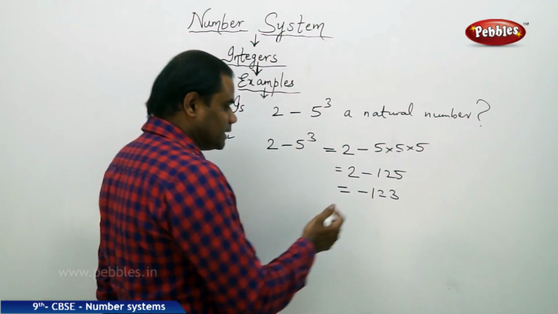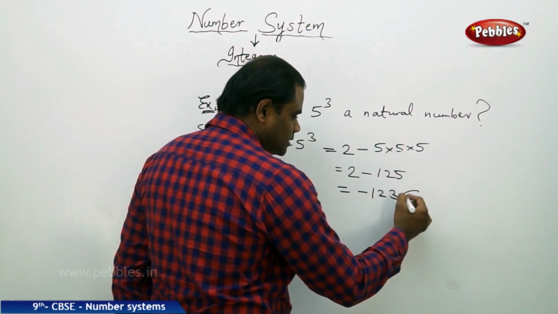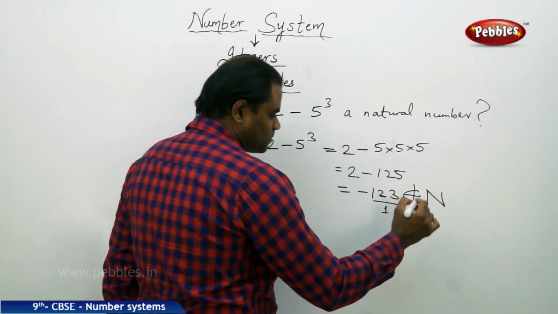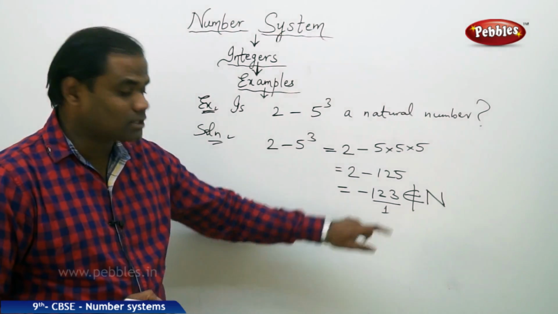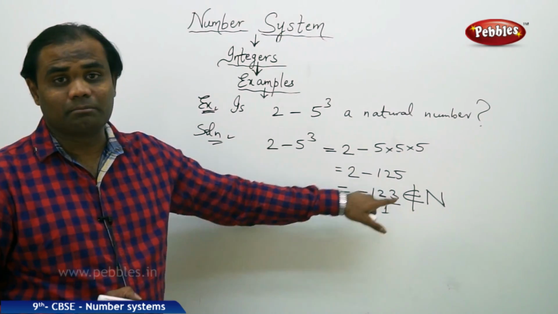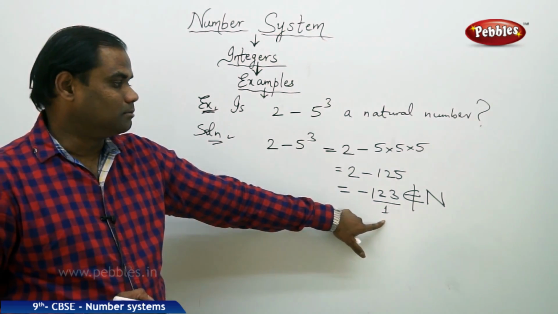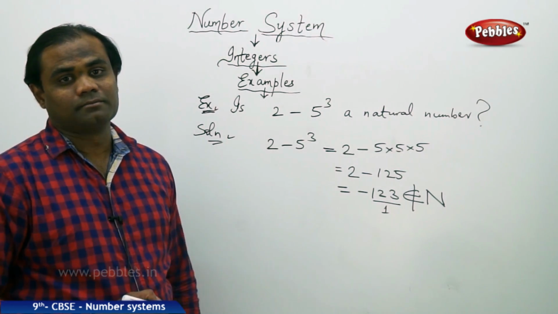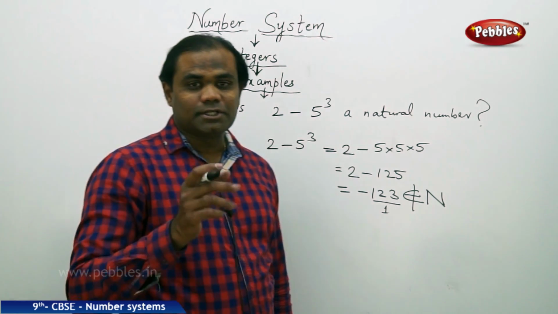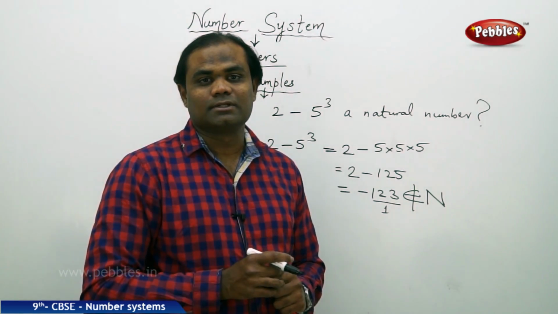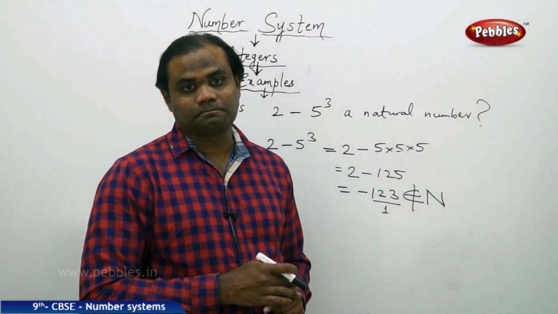Now with this, I clearly understand that this is not a natural number, though it can be expressed with the denominator as 1, a non-decimal number being expressed with the denominator as 1. But this is an integer, because an integer has the negative natural numbers and the positive natural numbers, including the neutral 0.